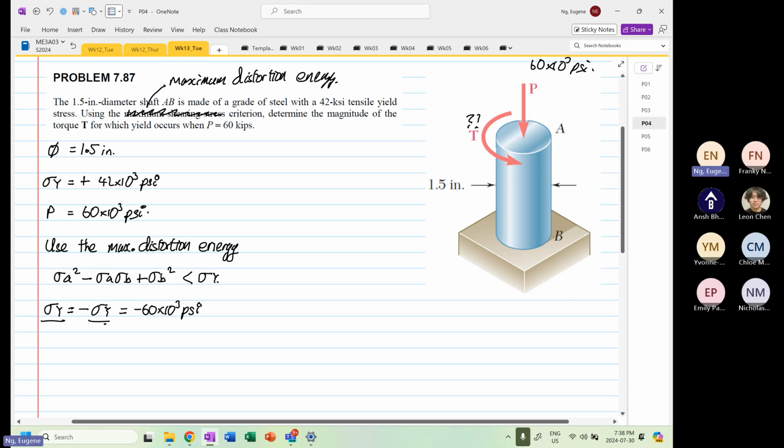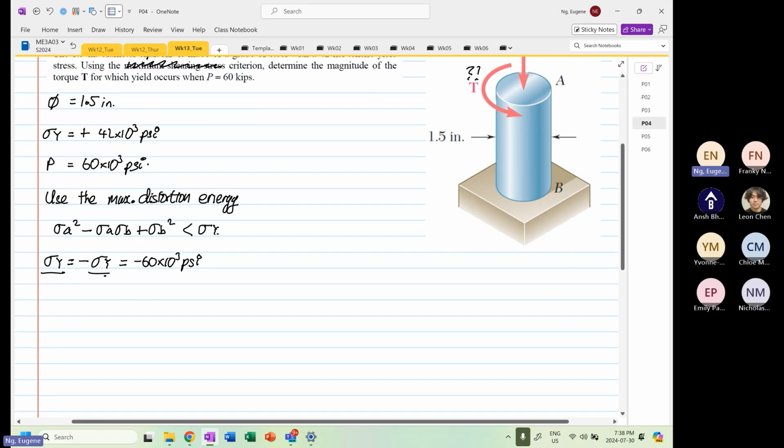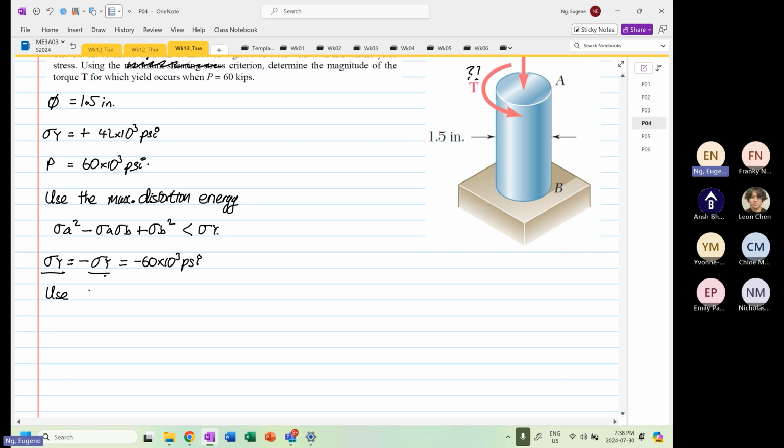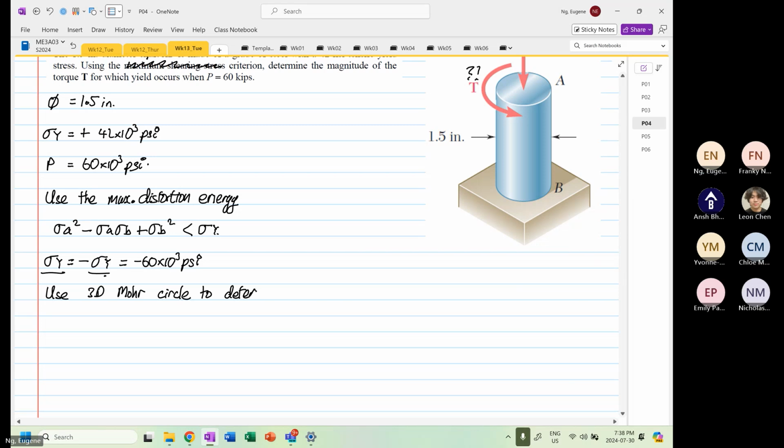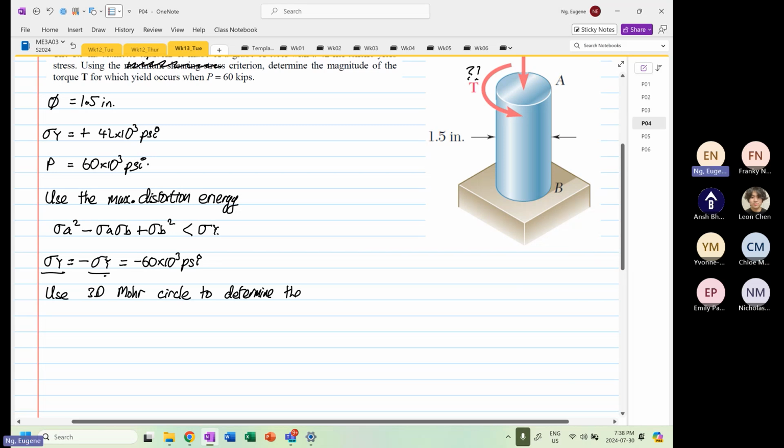Tension and compression have the same value, and then we are going to use 3D Mohr's circle to determine the principal stresses, stress A and stress B.